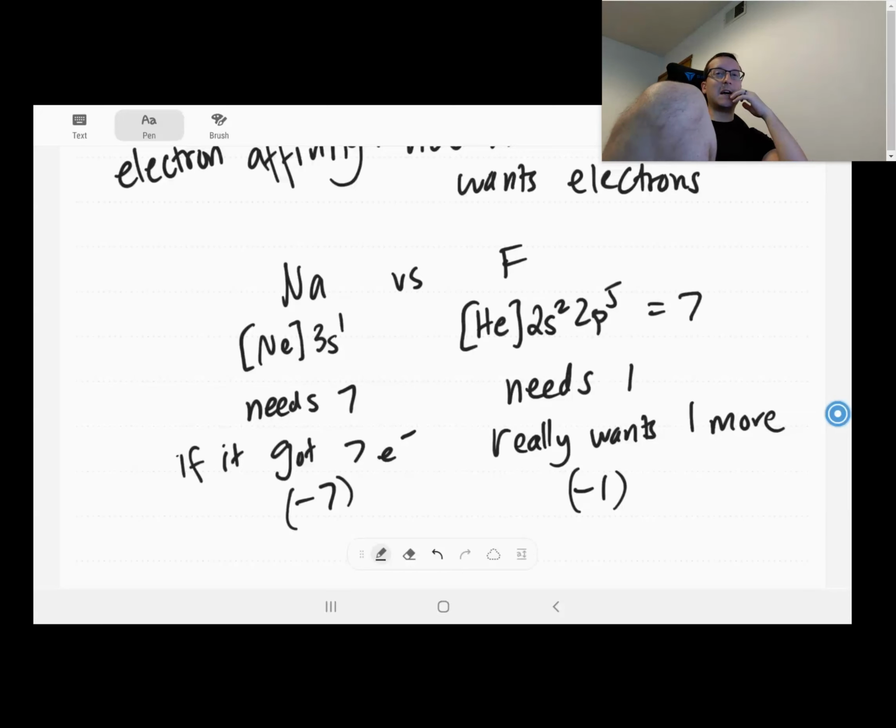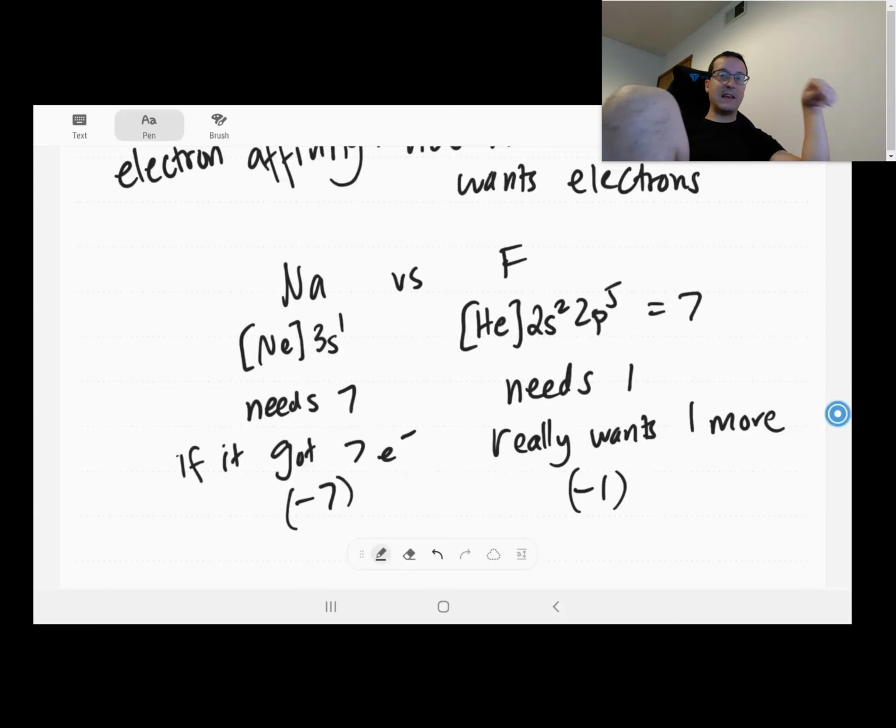Seven versus 1, which one's the bigger charge? In terms of magnitude, not necessarily direction. Yeah, sodium's got actually the bigger charge. Right? -7 is actually worse than -1. Elements don't want to be charged.